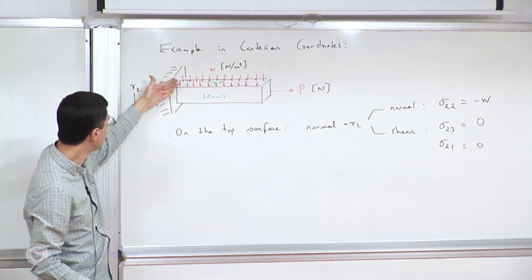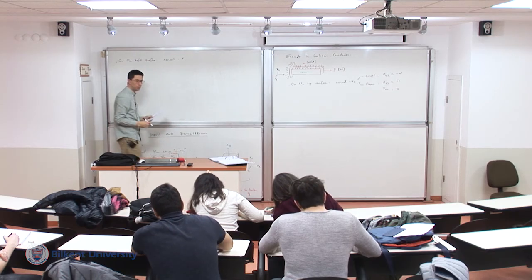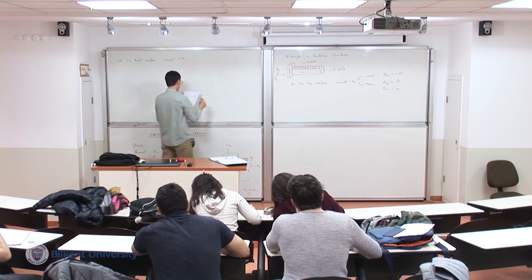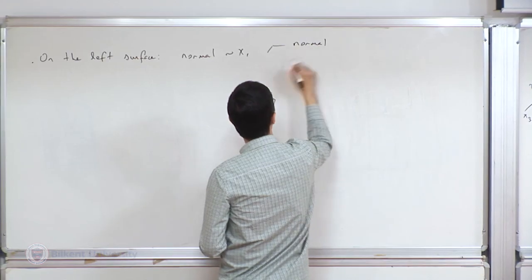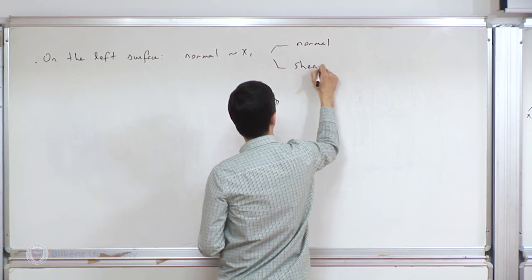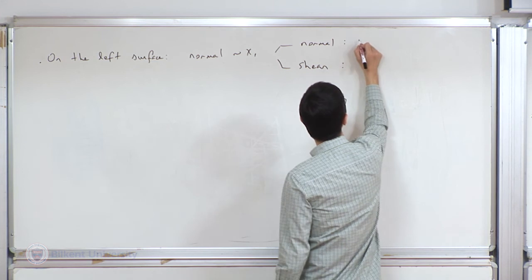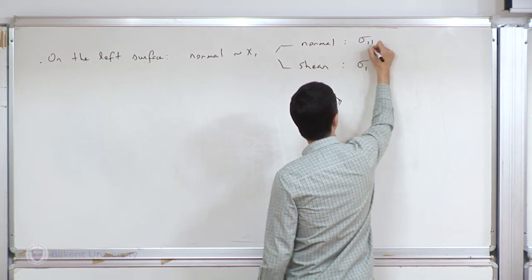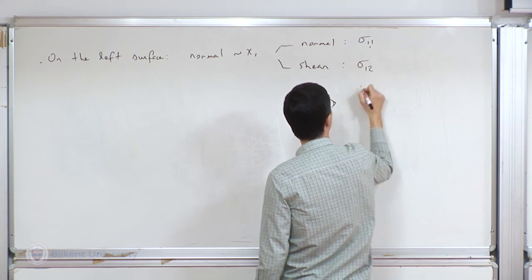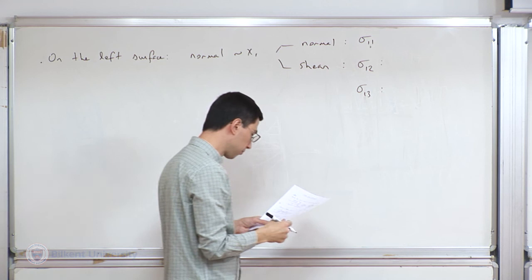So on the left surface, it's minus x1, but I will just write x1. That's what I'm concerned with presently. So there again, we have normal and shear. I'm on the plane with normal 1, so I'm going to be looking at sigma 1,1, and then there's going to be a 1,2 and a 1,3 component.